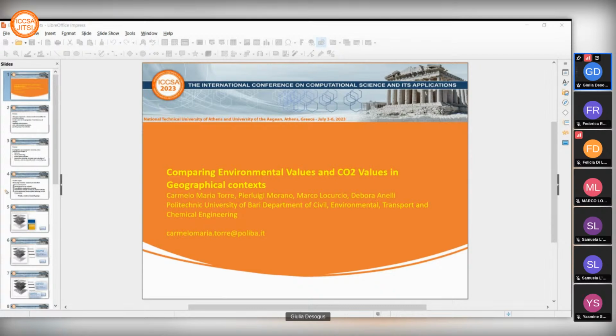So this is the first experiment, and until a few years ago we only had ISPRA making this kind of study. Just to understand the reasoning that I showed you, this is the Consumo di suolo in Puglia 2007.